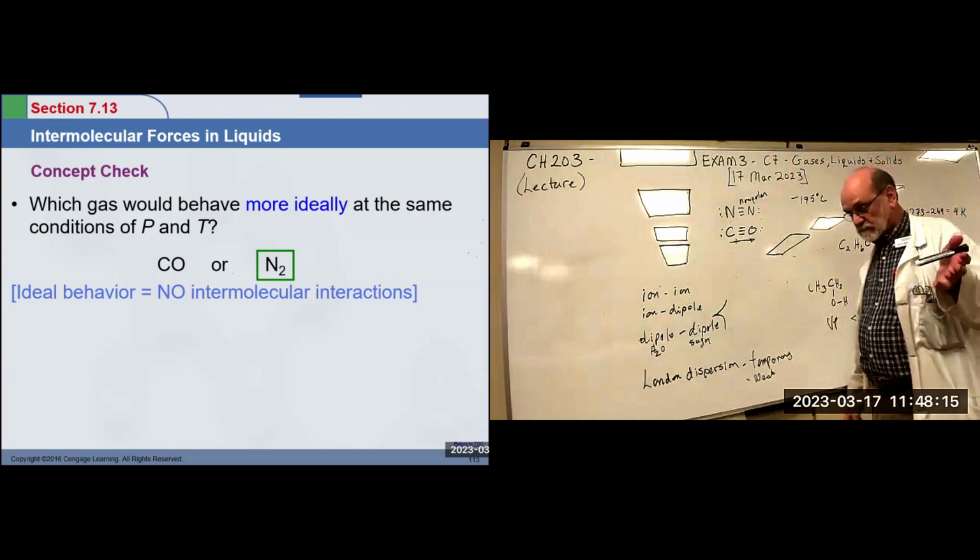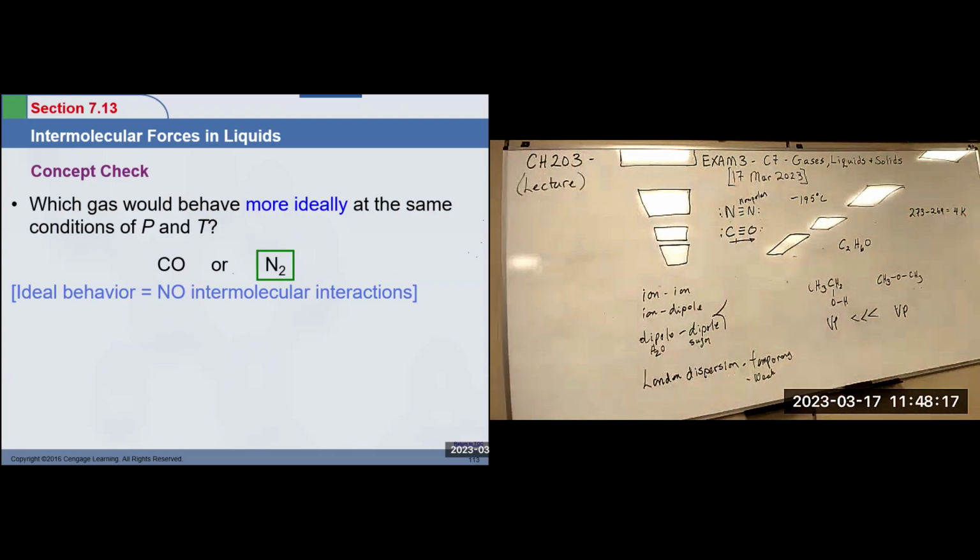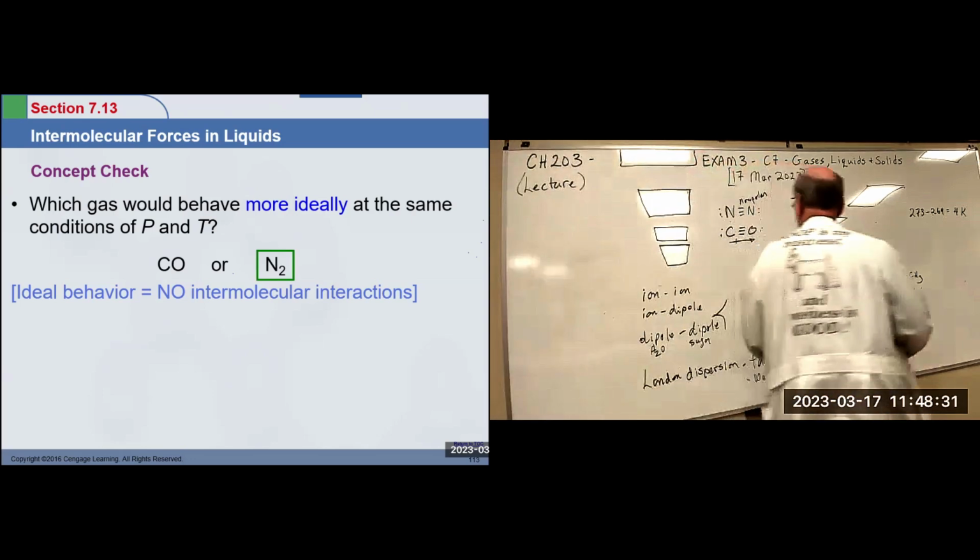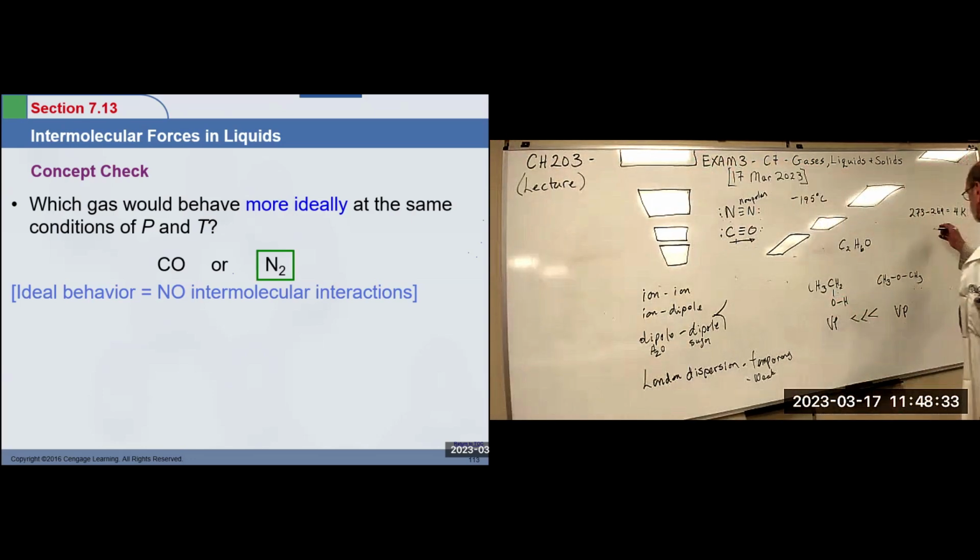Now, let me see. I'm going to check to see if it's included here. No, I will make a point though. Ideal gas behavior.